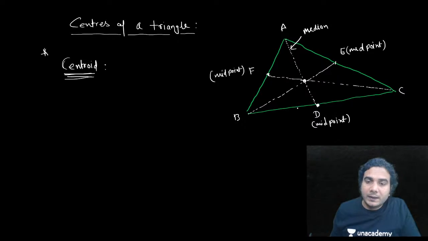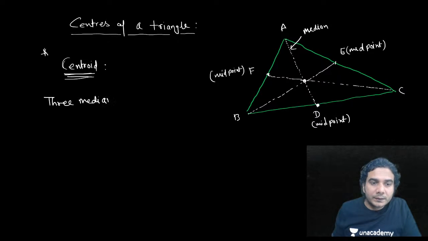So these three medians of any triangle are concurrent at a point.